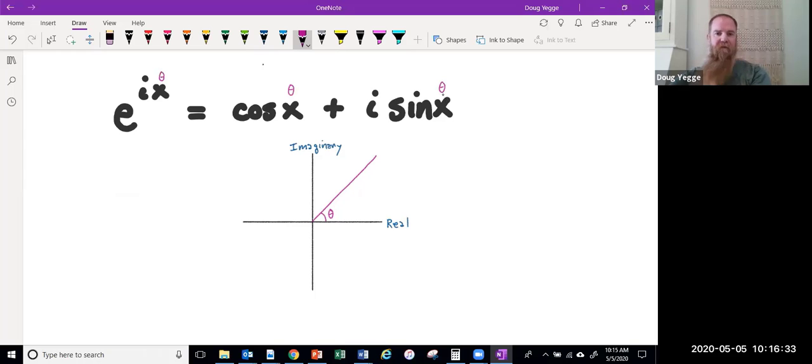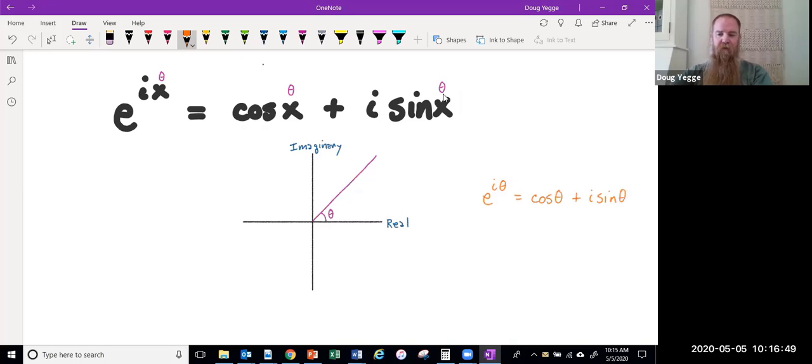So we actually have this formula that says that e to the power of i times some angle is equal to cosine of that angle plus i times sine of that angle.